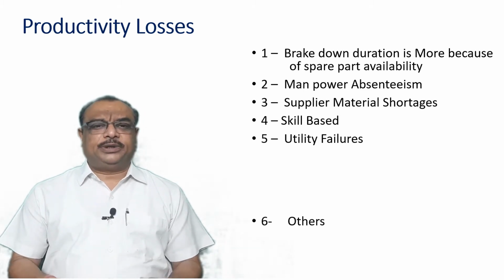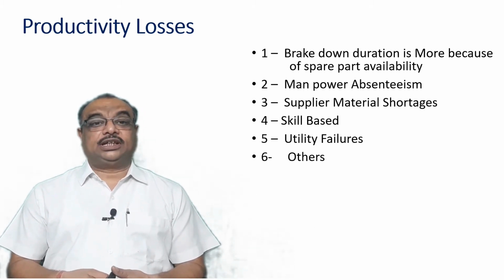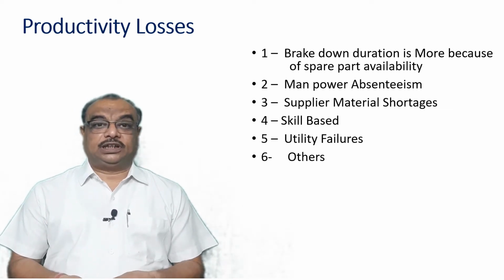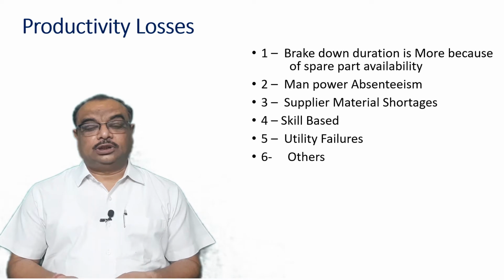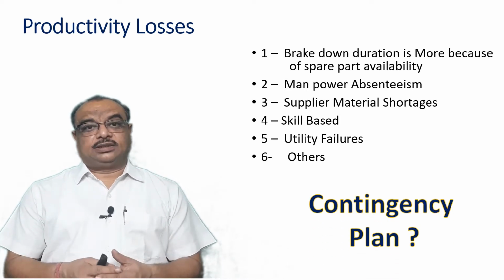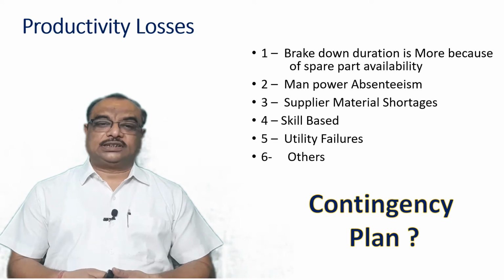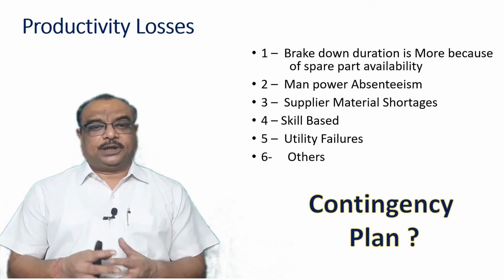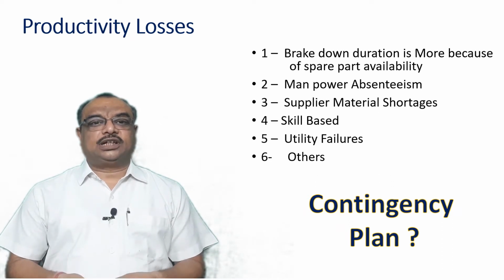So there are so many factors which could be responsible for productivity losses. Now, the important question is, what is the solution for this kind of situation when plan A fails? For that purpose, we can use the contingency plan.